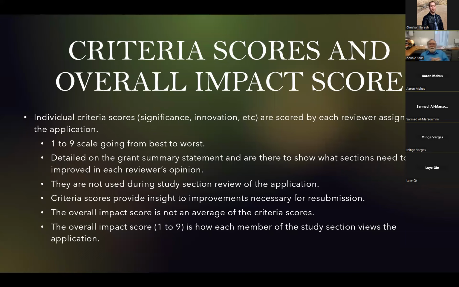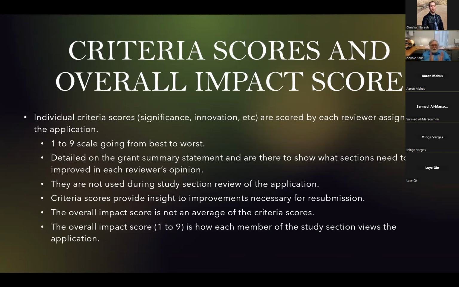Okay, criteria scores and overall impact scores. When your grant is scored by an individual reviewer, and that'll be the ones assigned to your grant, there's usually 3 of them. They will score your significance, your innovation, your investigator, your approach, and your environment on a 1 to 9 scale, best to worst.